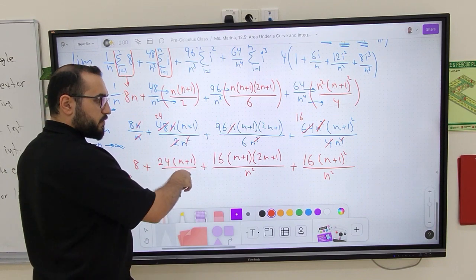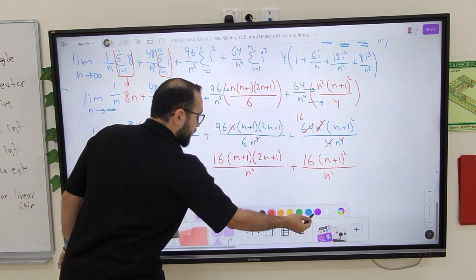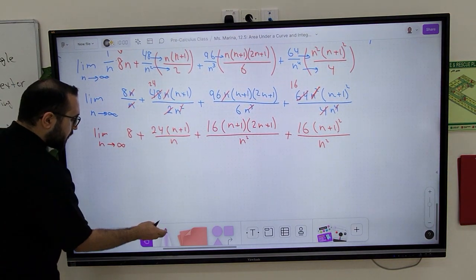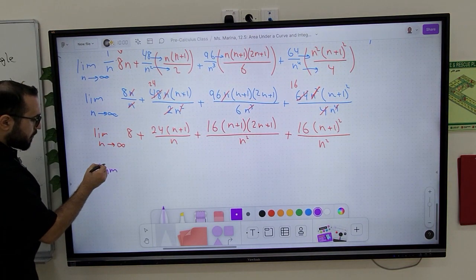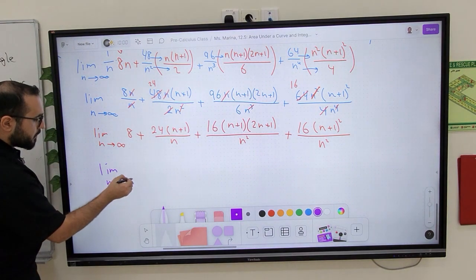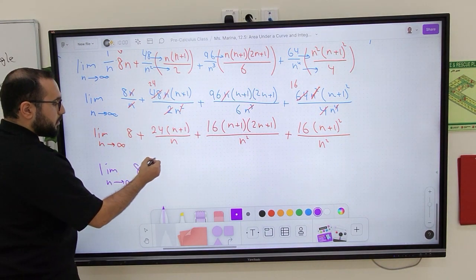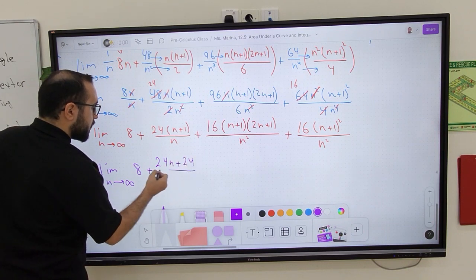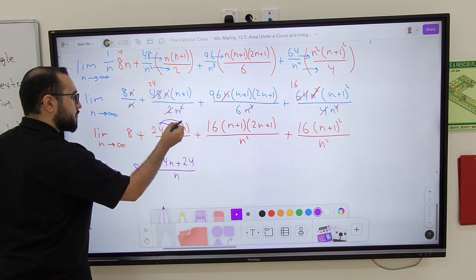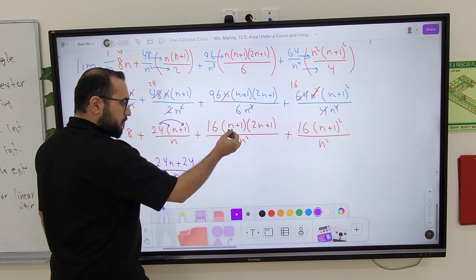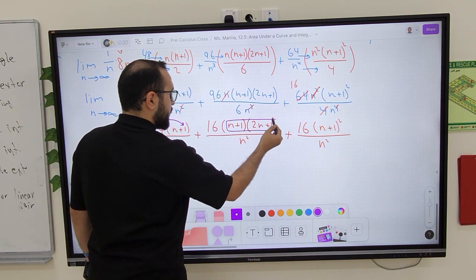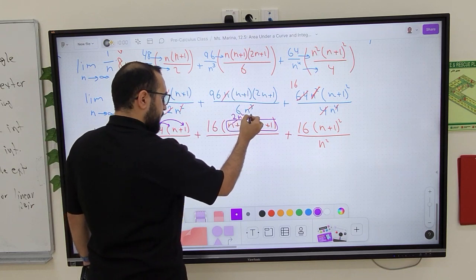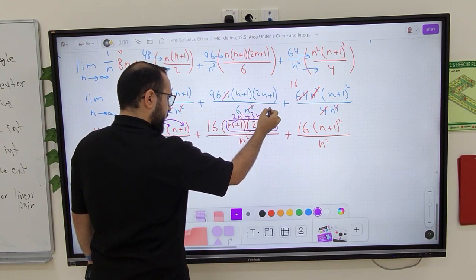Now let's use the distributive property and expand the bracket. So now here it will be the limit as n approaches infinity of 8 plus (24n plus 24) over n, so we distribute, plus, let's simplify this. So this one is n times 2n, it's 2n squared plus 3n plus 1.